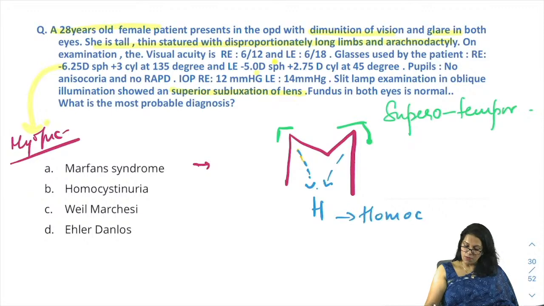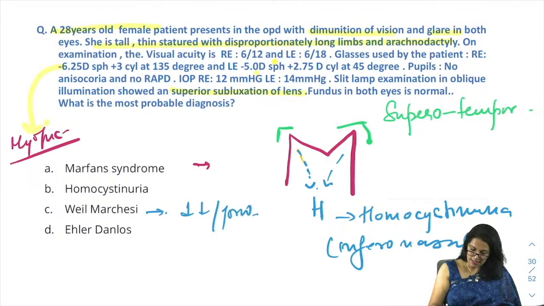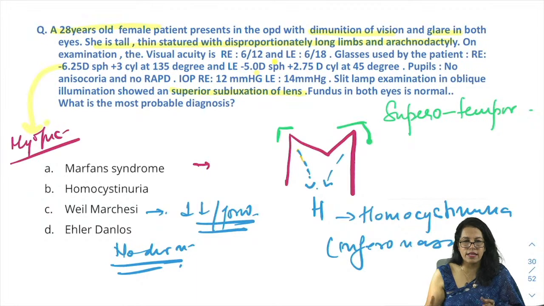Homocystinuria. In homocystinuria, this is inferonasal. Wein-Marchesani or Marchesi is downwards and forwards. Ehlers-Danlos, no direction is mentioned. We generally learn it is superior. It is generally ectopia lentis and no direction is mentioned, so we don't have to learn it.